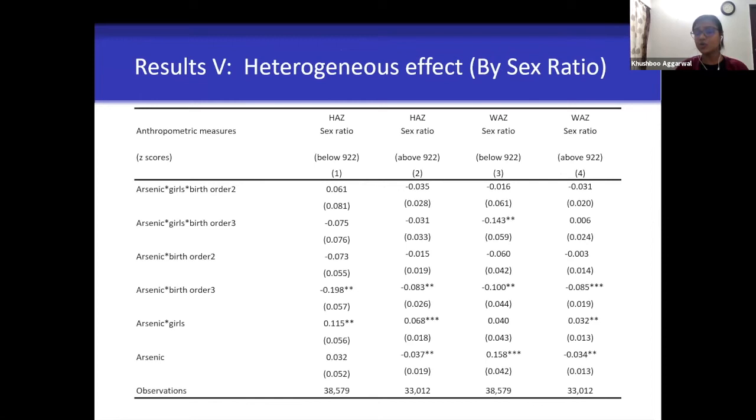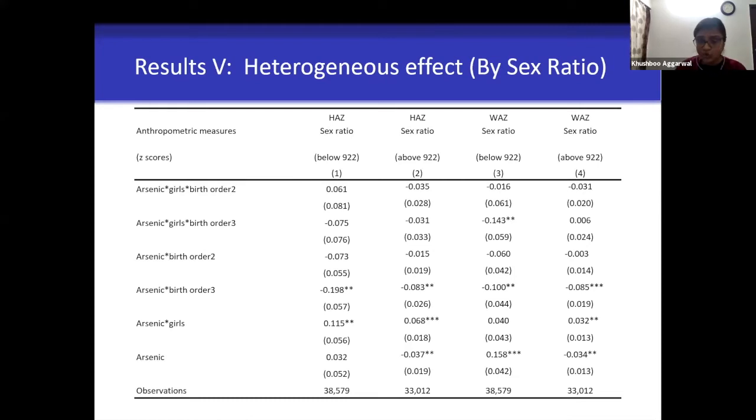Now, we also tried to examine the heterogeneous impact of arsenic. Our first result, table 5, shows the heterogeneous effect of arsenic by sex ratio, where sex ratio is a district-level variable taken from census data 2011. Here we have used the value 922, that's the median sex ratio in our sample.